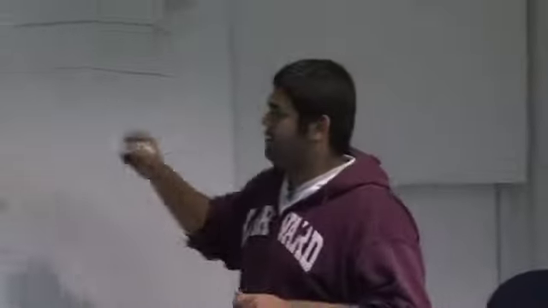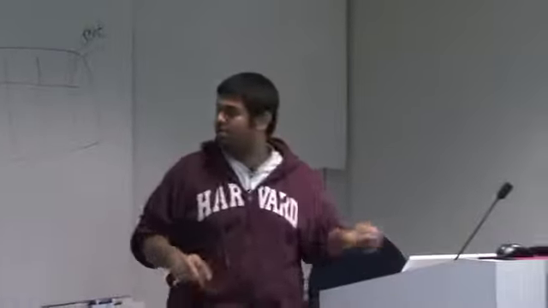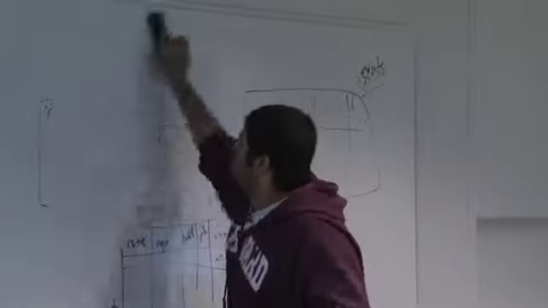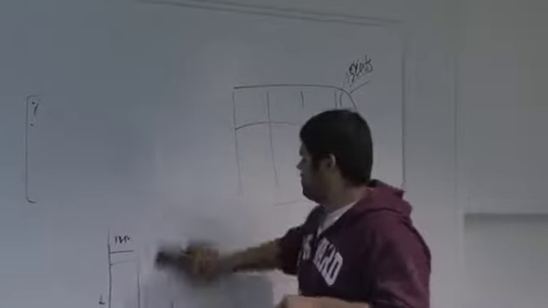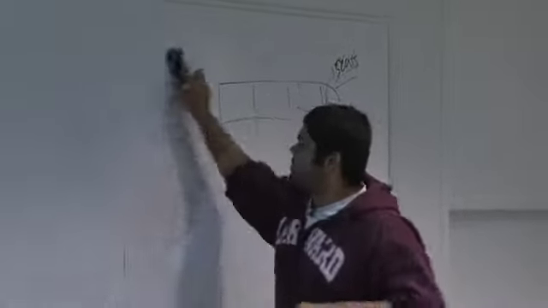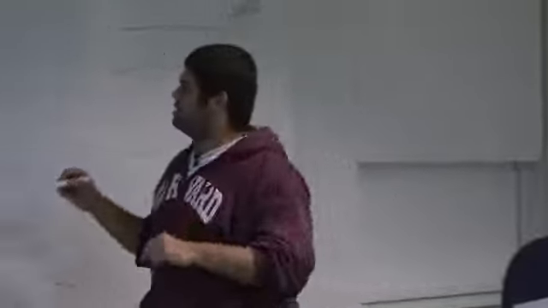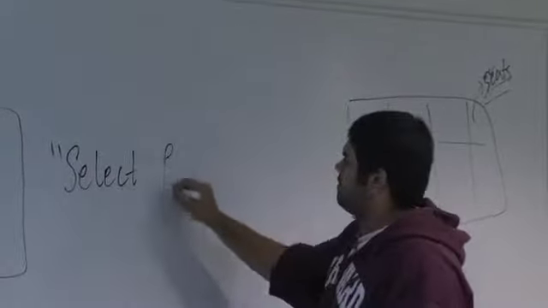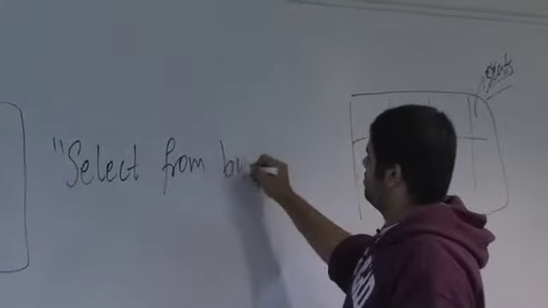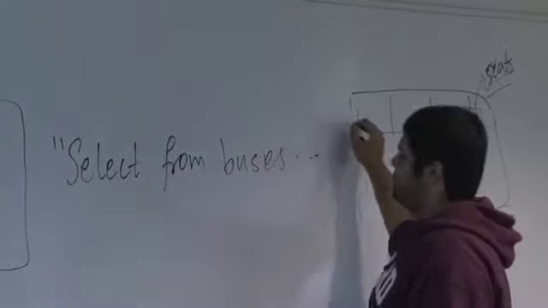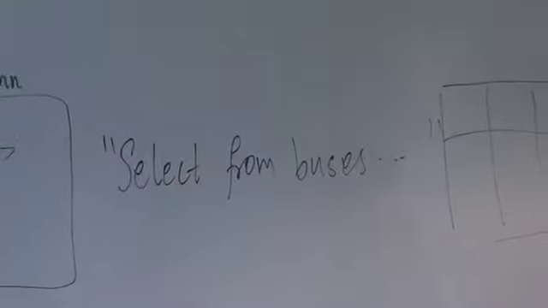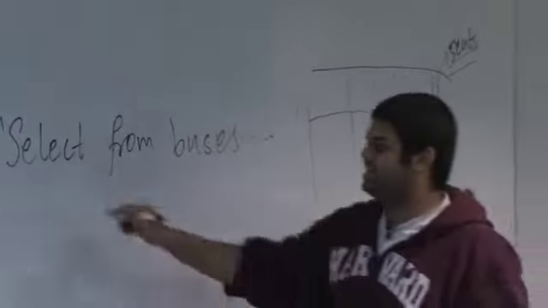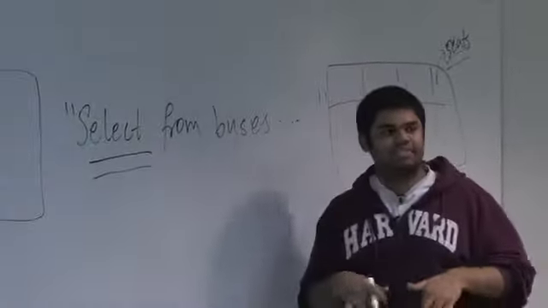So in my actual, okay, so the query was select star from buses. So let's deal with this part first, and then we'll work with the second. So select is the basic command.